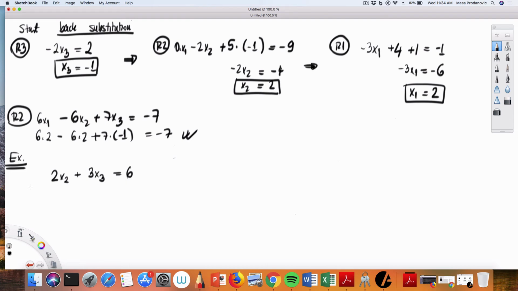And then 4x1 plus 6x2 plus 7x3 is equal to minus 6. 2x1 minus 3x2 plus 6x3 is equal to 2.